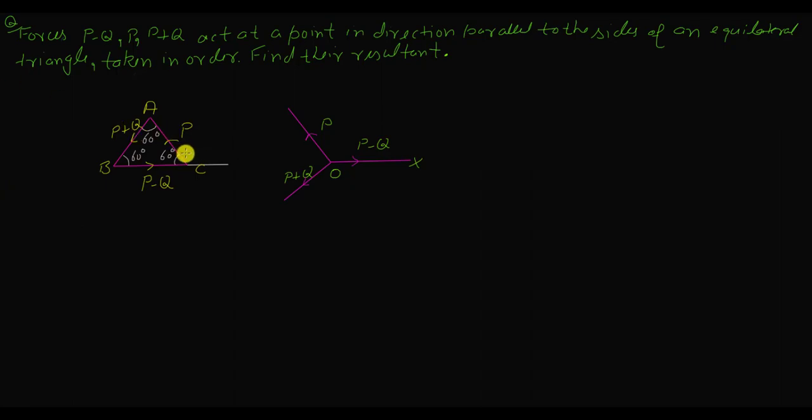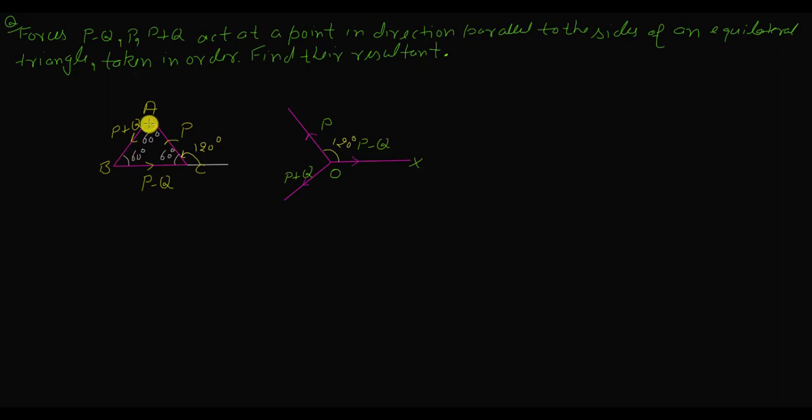Angle over a line we know is 180 degrees, so since this angle is 60, this angle will be 120 degrees. So the angle between P minus Q and P is 120 degrees. Fine.